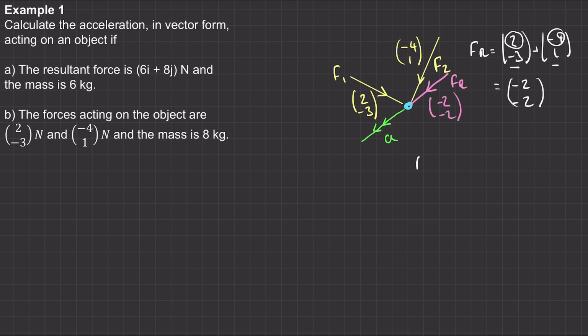So we can say that F, the force, is ma. We've worked this out as -2 and -2. The mass we're told is 8 kilograms. And the acceleration will have an x and a y. So to work out x and y, we can multiply both sides by 1/8.